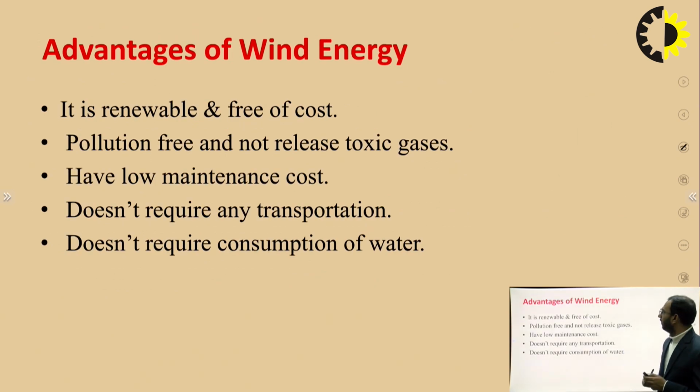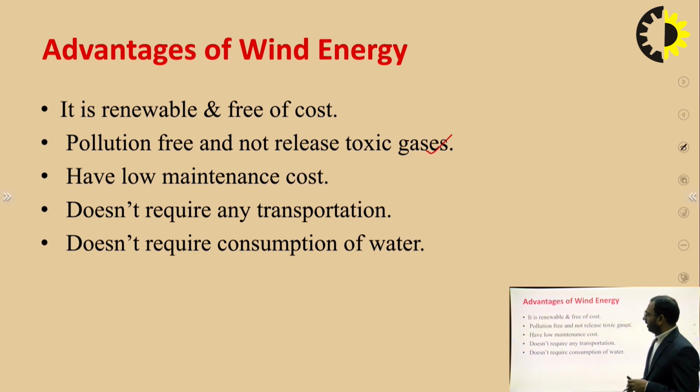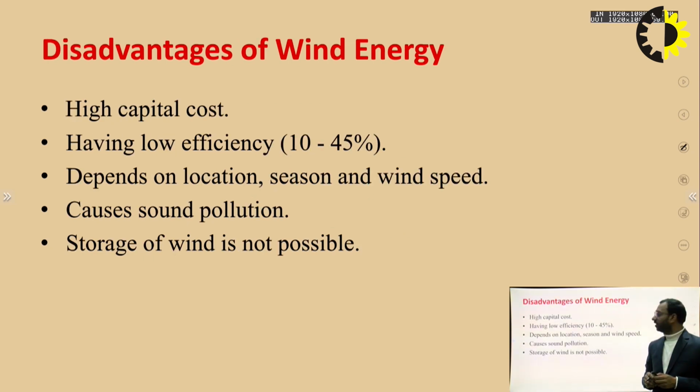Then what are the advantages of wind energy? Basically, it is renewable and free of cost. It is pollution free and does not release toxic gases. It has low maintenance cost. It does not require any transportation and it does not require consumption. And what are the disadvantages?